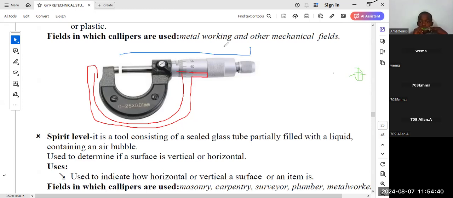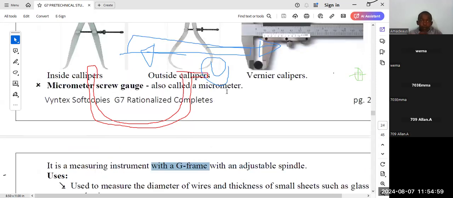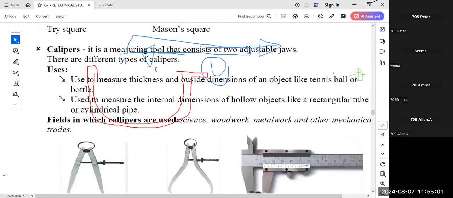This is where you adjust the spindle. When you adjust from this end, it either moves to the inside or to the outside. So this is the difference between the micrometer screw gauge and the caliper.